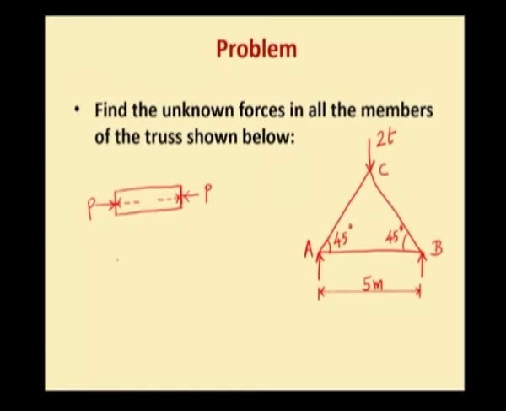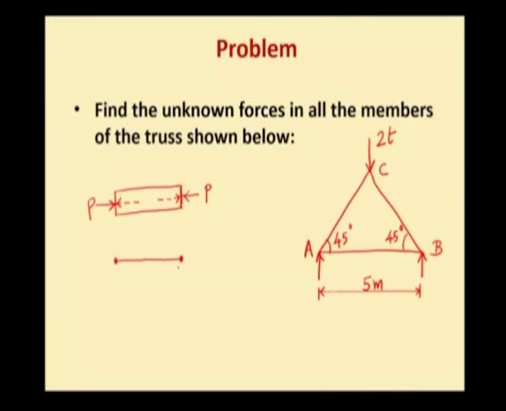Now, for the analysis of truss, we will indicate the member by a single line like this. At the ends of the member we have joints. The joints will be denoted by 2 dots. So, a member has 2 joints at its ends.